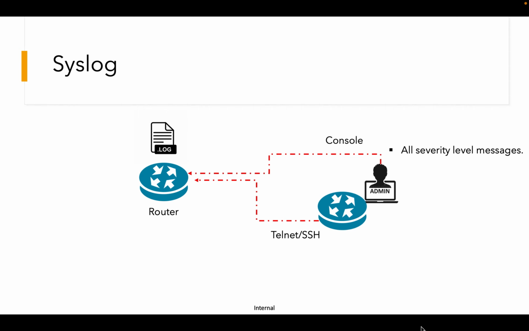That is due to the default logging console global configuration command. For remote users, you need to enable logging using logging monitor that tells IOS to enable the sending of log messages to all the logged users.